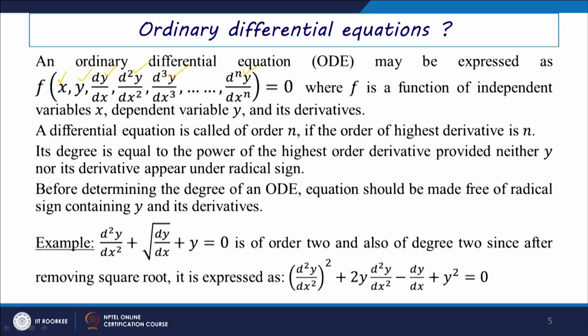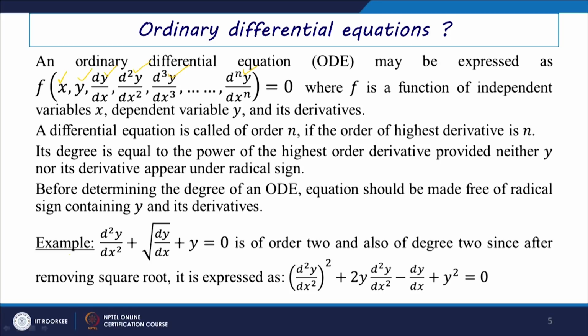Once it is free from radicals, the power of the highest order term is the degree of the ordinary differential equation. That is why its degree is equal to the power of the highest order derivative, provided neither y nor its derivatives appear under a radical sign.